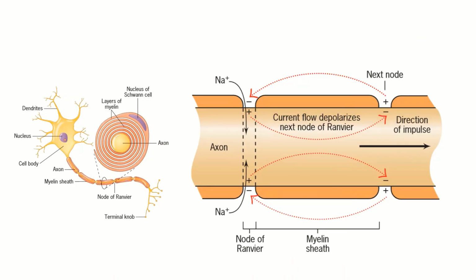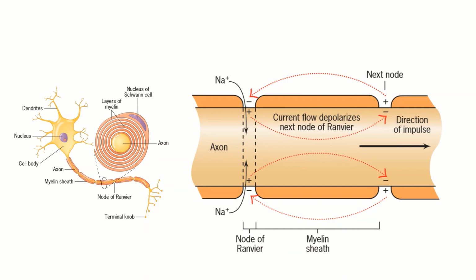And these action potentials actually move faster than they otherwise would, because first, the axon is insulated by the myelin sheath made by the Schwann cells. And this insulation, similar to how the insulation of our electrical wires works, helps increase the speed of the electrical signal along the axon.